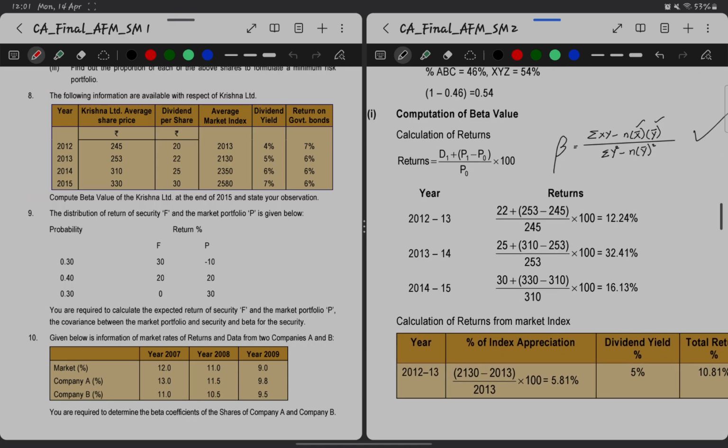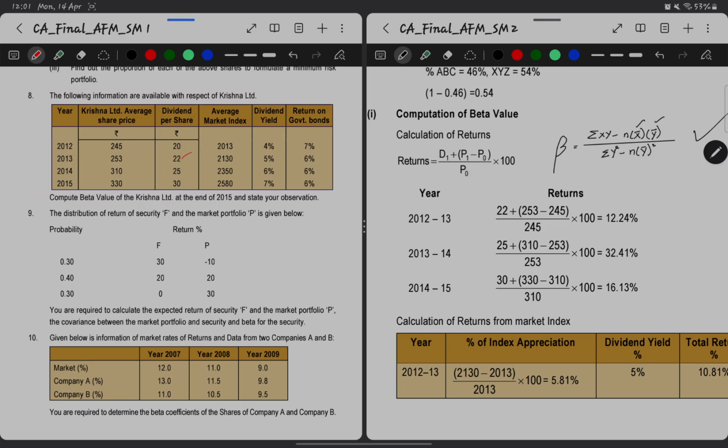Since 4 years of information are given, we can find the returns from 2013, as we need the previous year's data to calculate the return percentage. Now, 253 minus 245 will give us the capital appreciation. Then we are getting a dividend of 25.